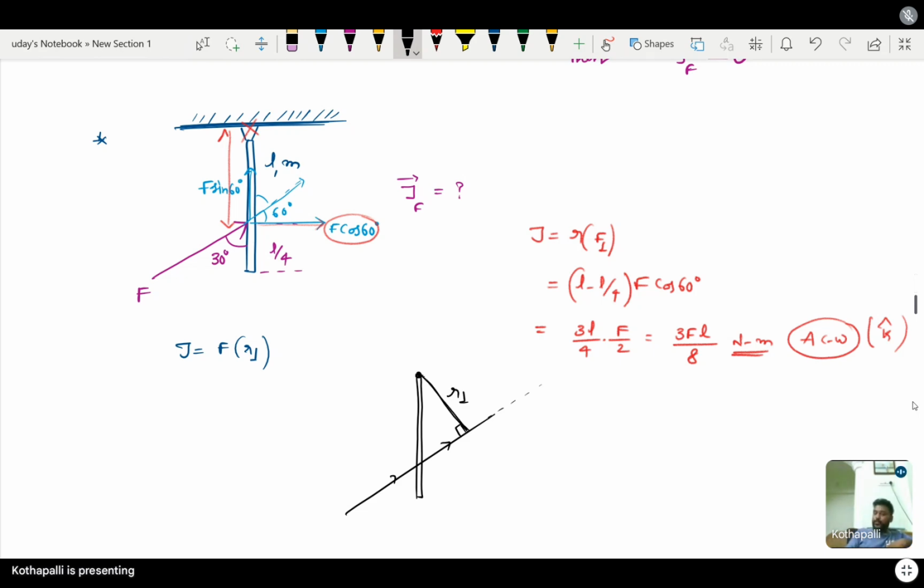From the line of action of force to the axis of rotation, the perpendicular distance. As I told you, this angle is 30 degrees. This length is 3L by 4. So can we calculate r perpendicular? Sine 30 is opposite, r perpendicular, divided by hypotenuse 3L by 4.